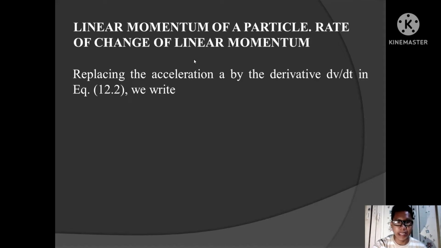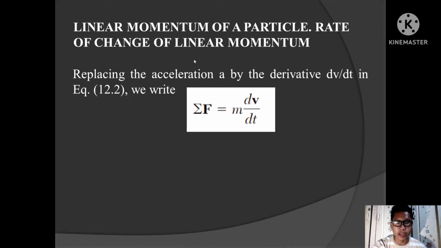So replacing the acceleration a by the derivative dv over dt in equation 12.2, we write the summation of F equals m, the mass, times dv over dt.